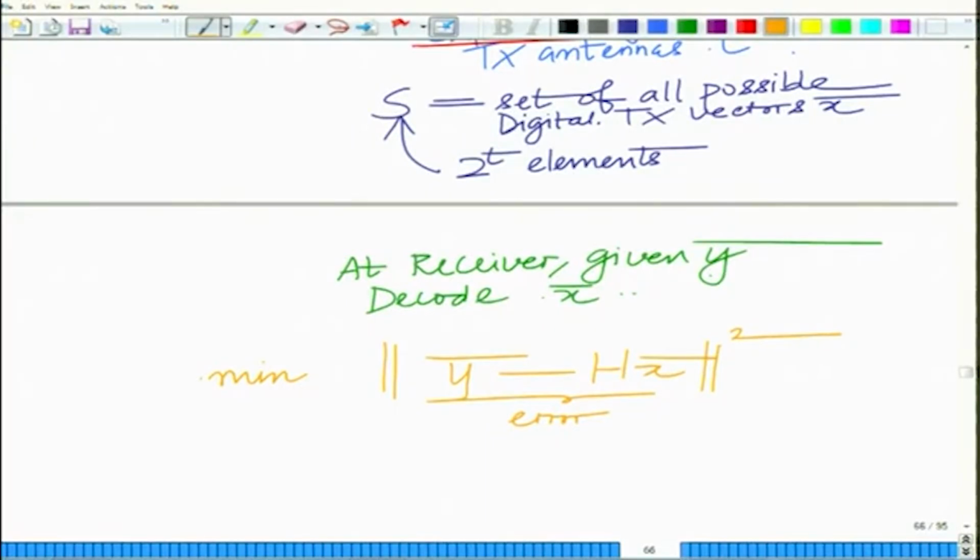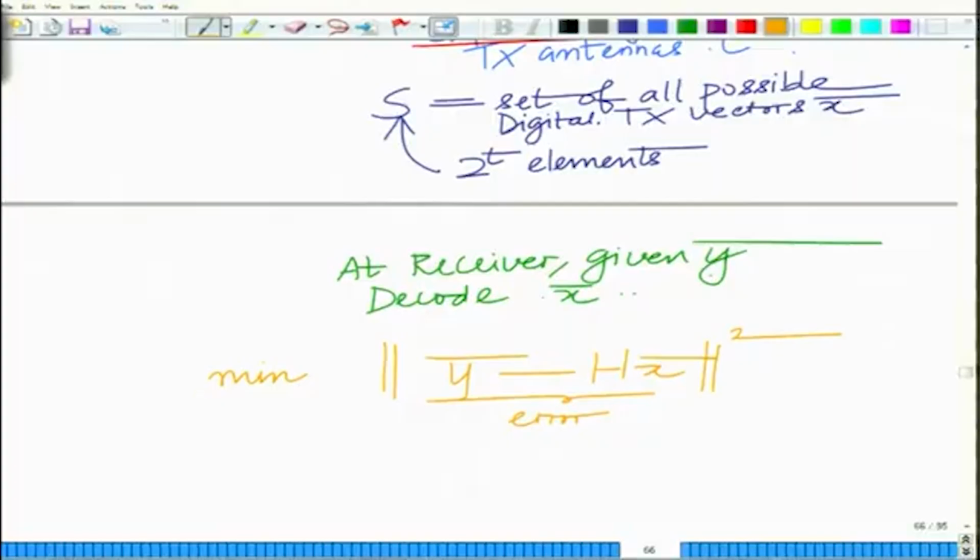But the problem is that this x bar must belong to one of these possible 2 raised to the power of t vectors, that is, to the set S, which denotes the transmit vector constellation.